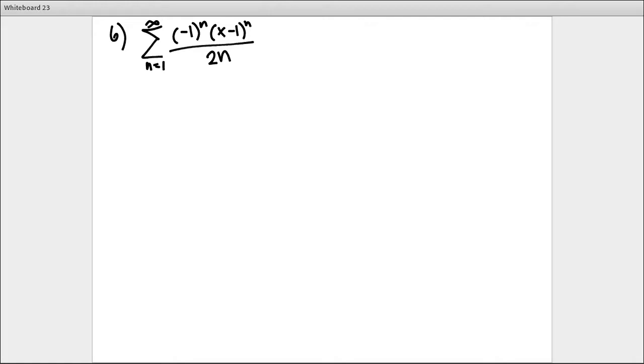And they wanted you to write out a few terms, and this would be negative (x minus 1) over 2, and then a positive (x minus 1) squared over 4, and there'd be a minus (x minus 1) cubed over 6. And it keeps on going like that.